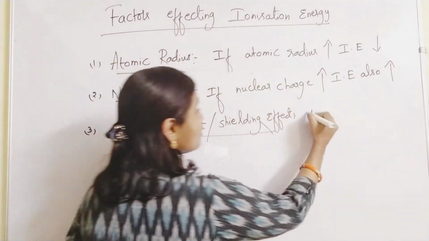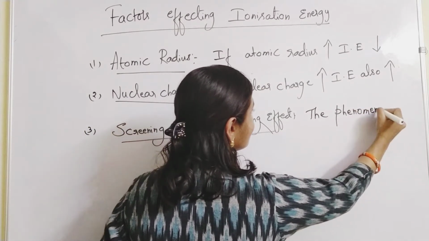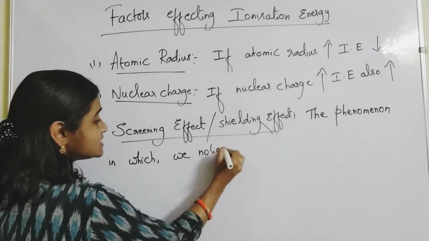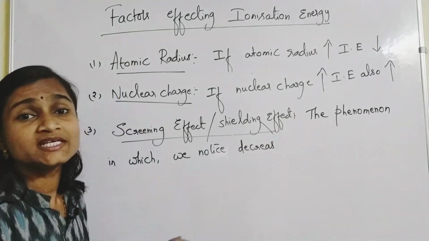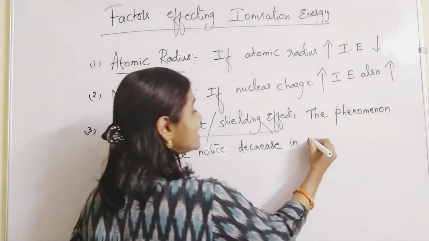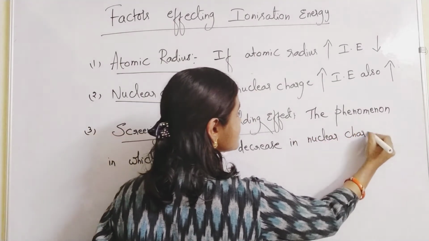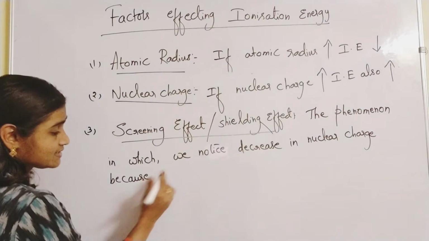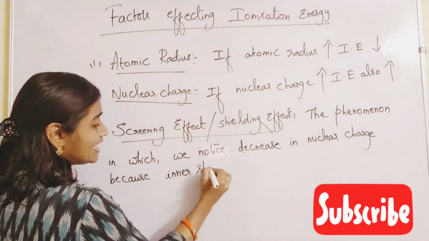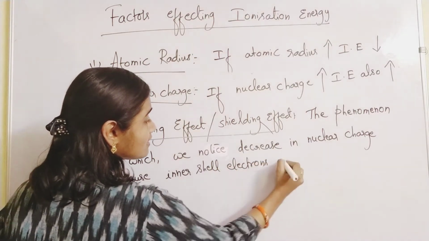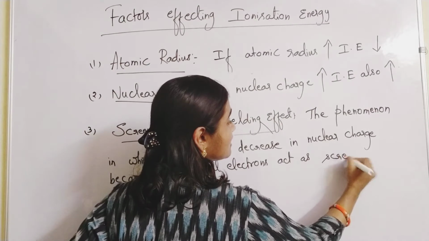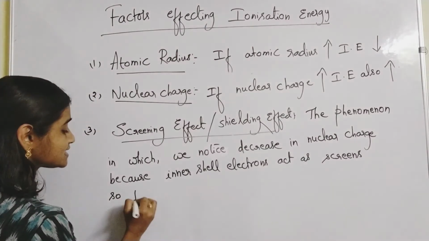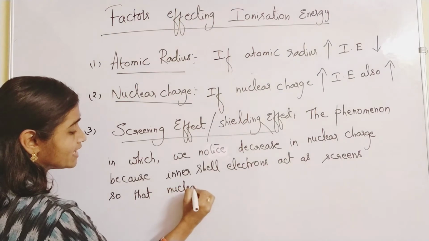So please remember the phenomenon in which we notice a decrease in nuclear charge, because inner shell electrons act as shields, as screens, so that the nucleus cannot focus on last orbit electrons.